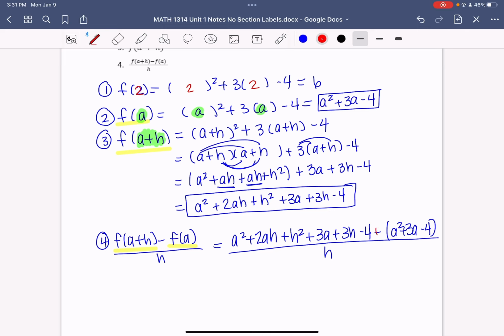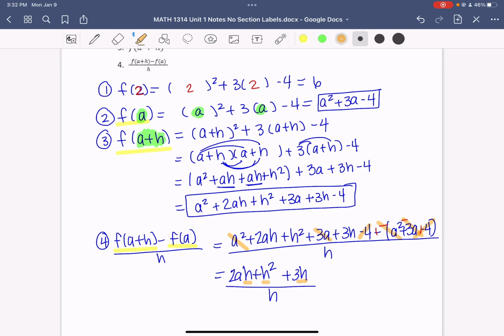Now, if I go through and clean this up, I'm going to have to distribute this negative throughout this back parentheses so I don't lose it because I'm subtracting the whole thing. And then when I go to canceling in here, you can see that positive 4 cancels with negative 4, negative 3a cancels with positive 3a, negative a squared cancels with positive a squared. So this actually simplifies down into 2ah plus h squared plus 3h over h.